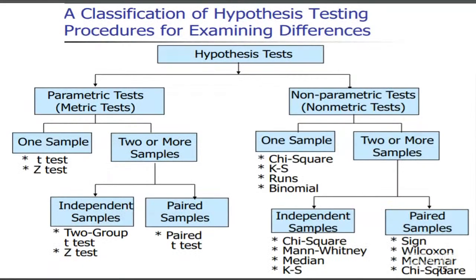These are further detailed based on the samples. If it is one sample, what are the possible tests? Two or more samples, then under that we may have categories like independent sample, paired sample, and then the possible test names.